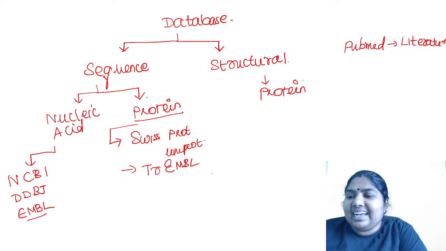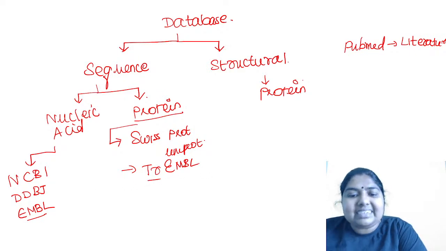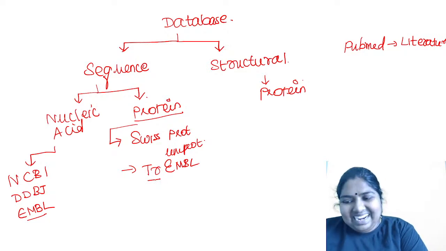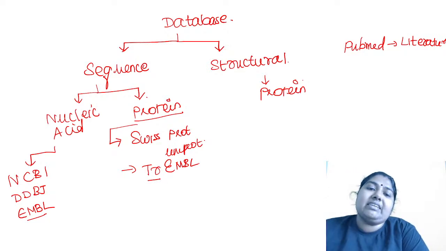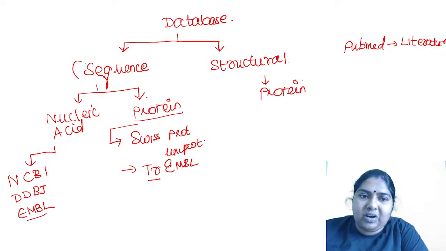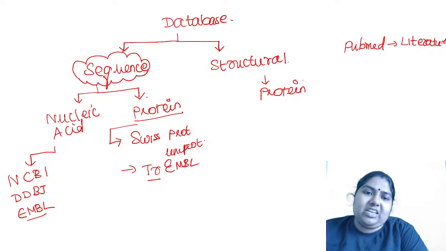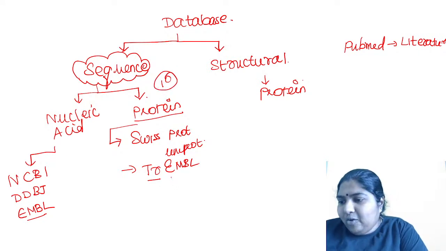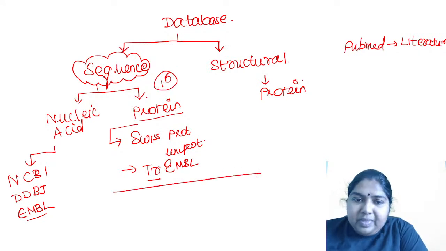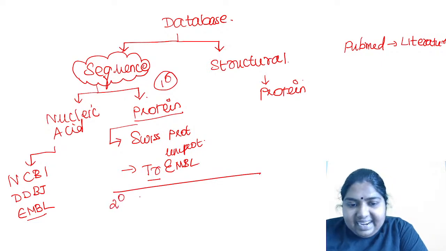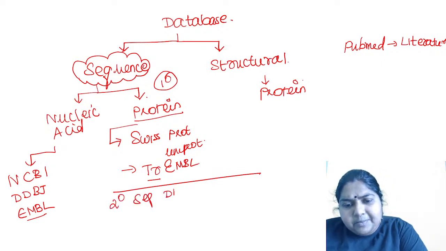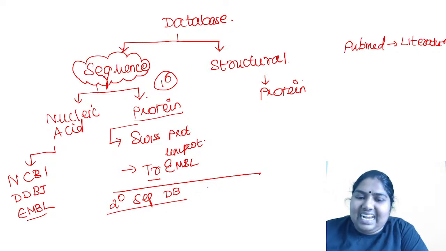This TrEMBL is nothing but translated EMBL. Understood? So these are all meant for your sequence, and this is going to be the primary sequence database. You have something called the secondary sequence database. Do you know what they are? Secondary sequence database.